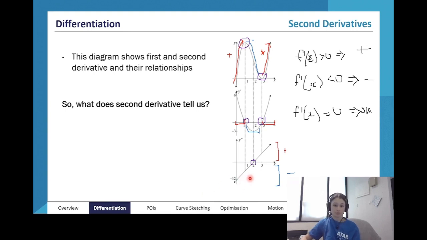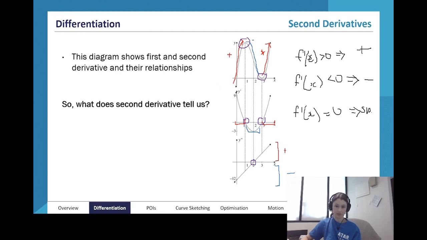So, what I want to point out to you guys is that the second derivative tells us about the concavity of the original function. So, when we're talking about the concavity of the original function, we are talking about whether its gradient is increasing or decreasing.